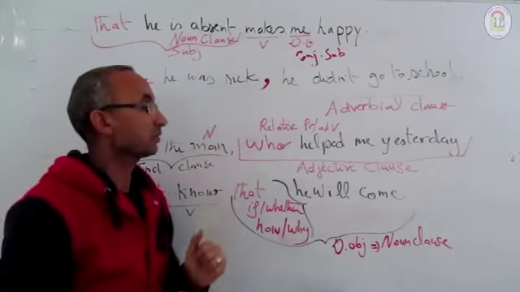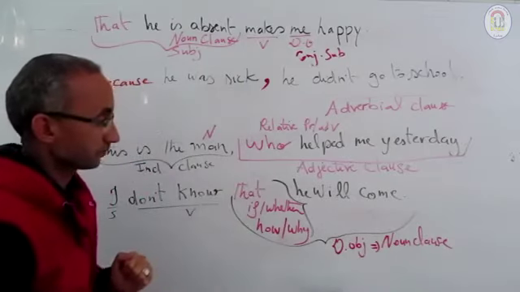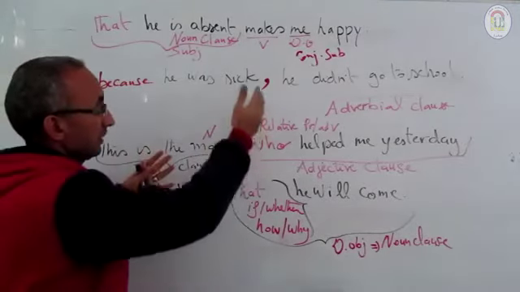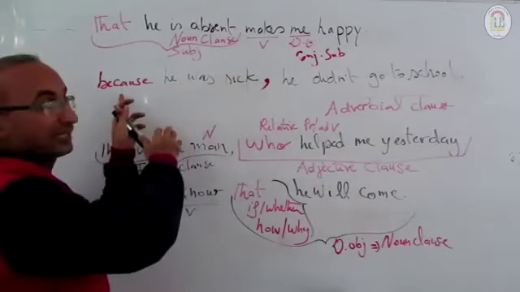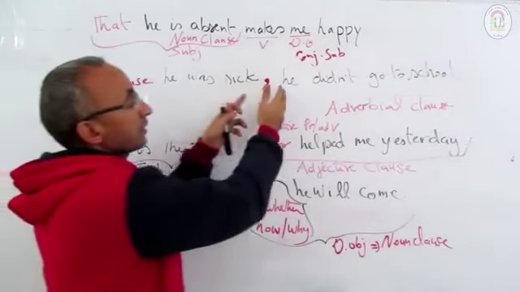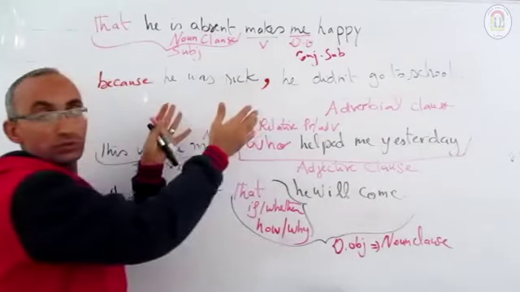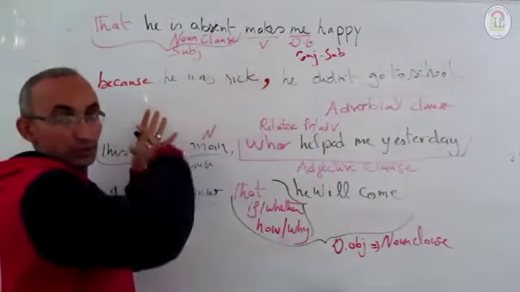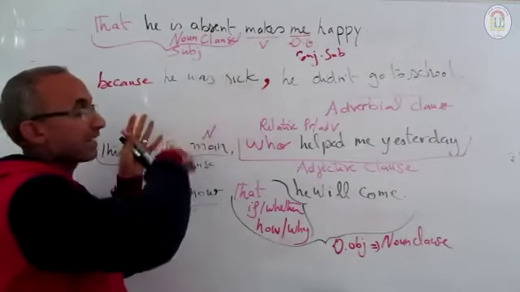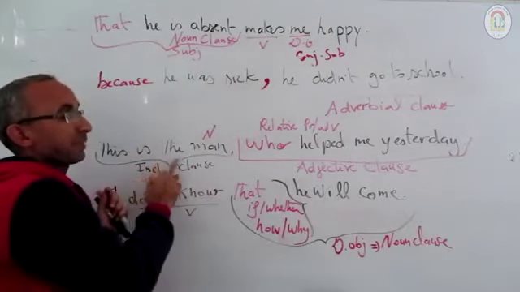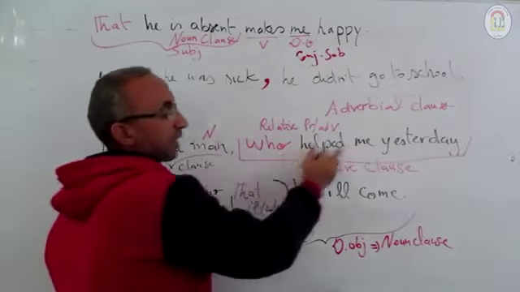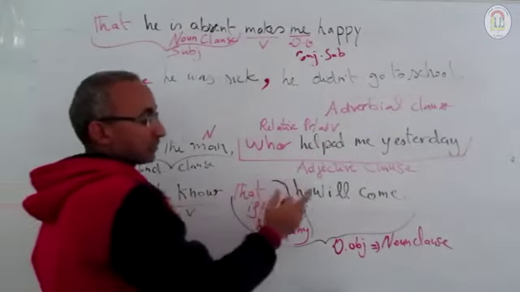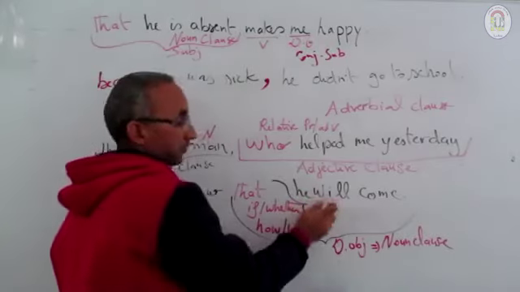The second remark now concerns, we said that these elements join what? Two clauses. It means usually we find before them and after them subject plus verb and subject plus verb. Here also subject plus verb, and here also subject plus verb.